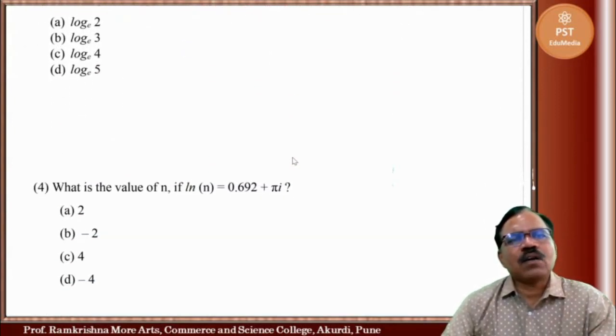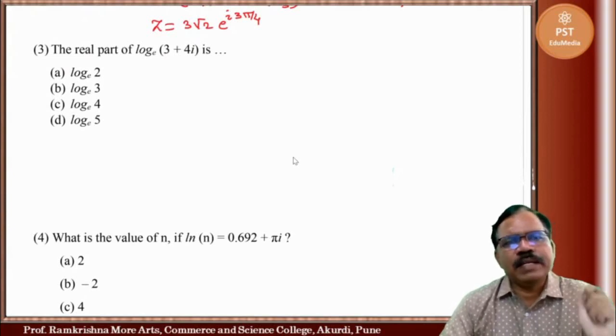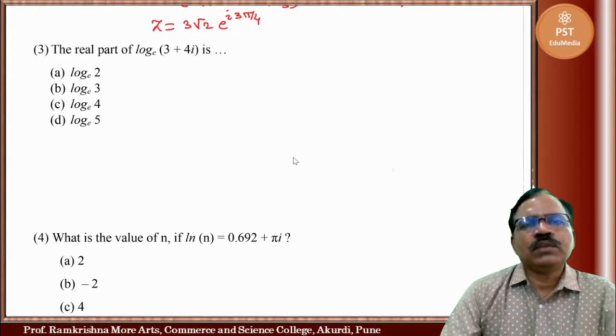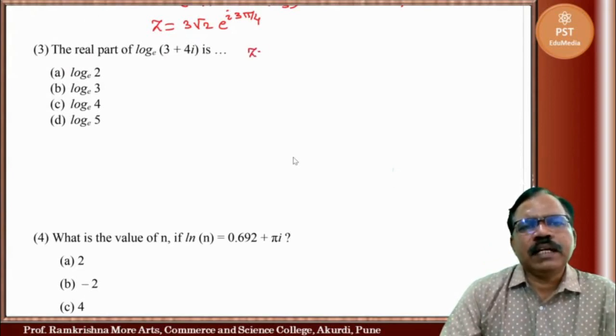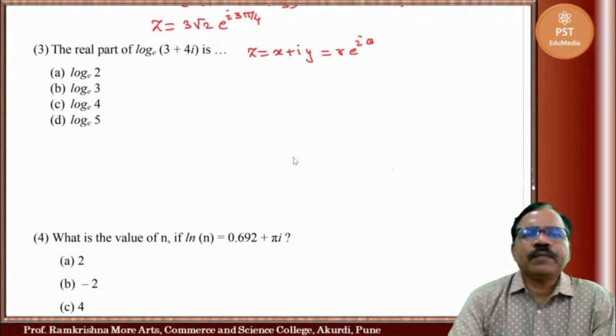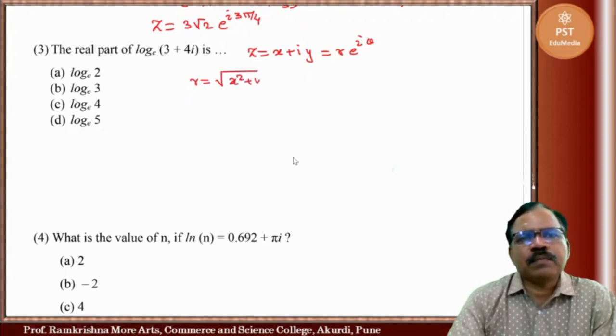The real part of log to the base e, that is natural log, of 3 plus 4i is. Now see here, if we have complex number z, that is x plus iy, we can write this as r e raised to i theta. We know this. So here r is root of x square plus y square, and theta is tan inverse y by x.